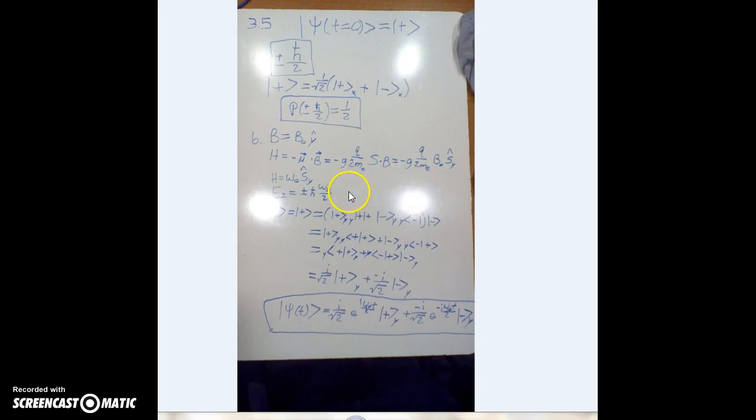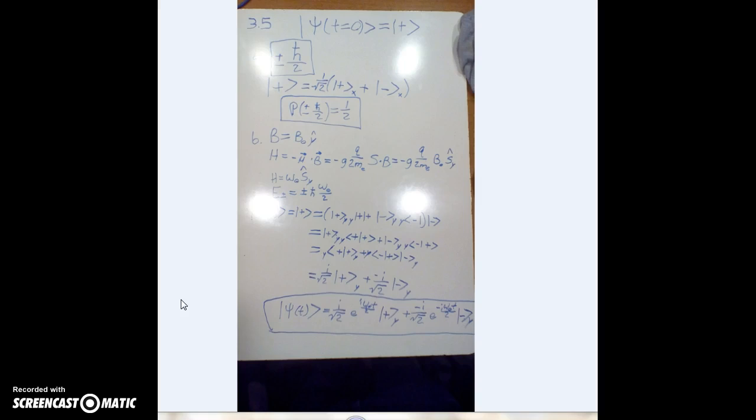And then we solve this out to get this, and we can rewrite that as i over square root of 2 ket plus y plus negative i over square root of 2 ket minus y.